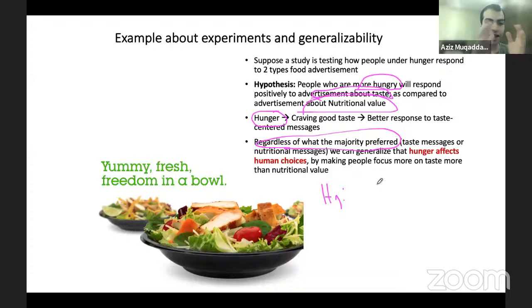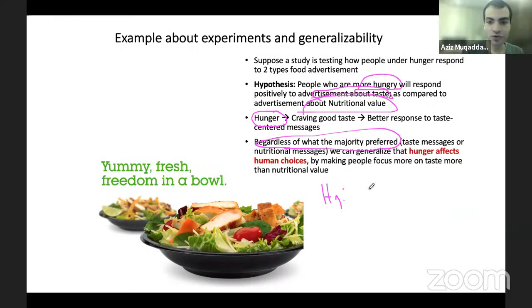Hence, we say if this situation appears in the real world, we should see a similar effect: that hunger would lead to more emphasis on taste. Okay, so that's what we mean, and that's what experiments are for.